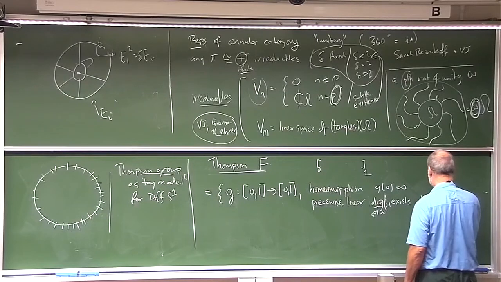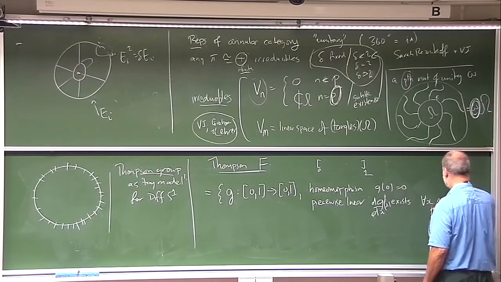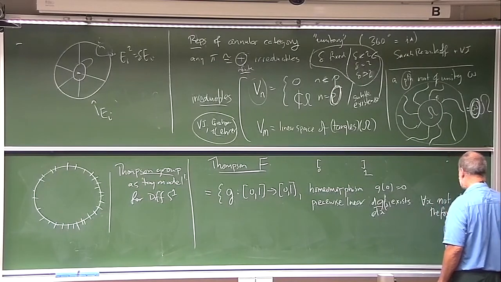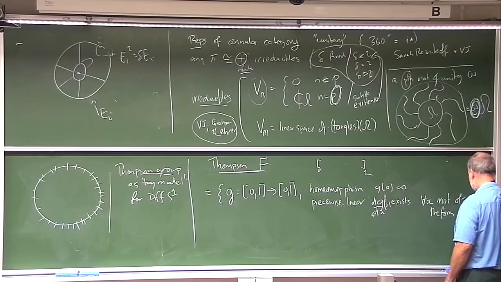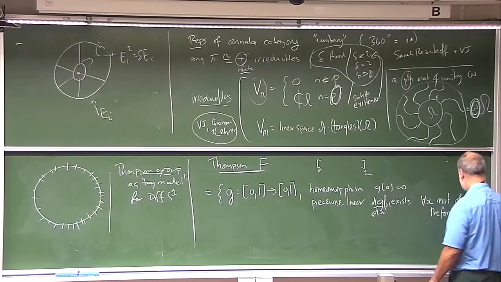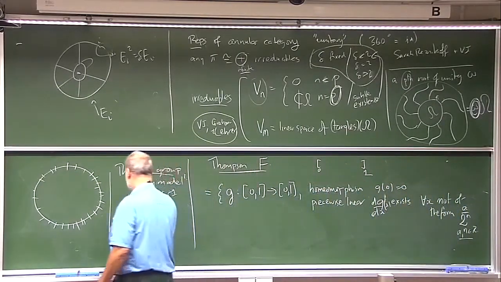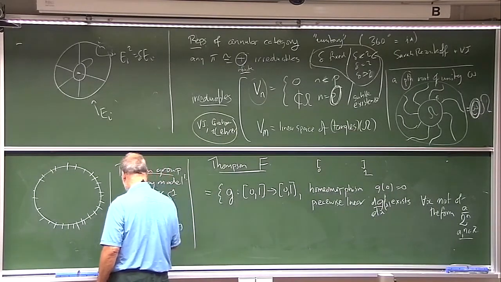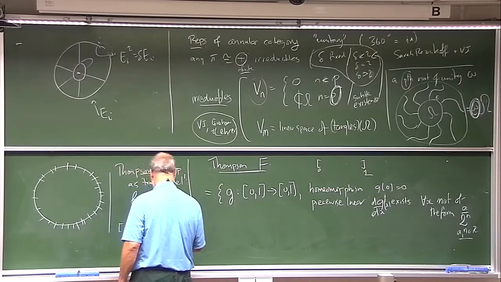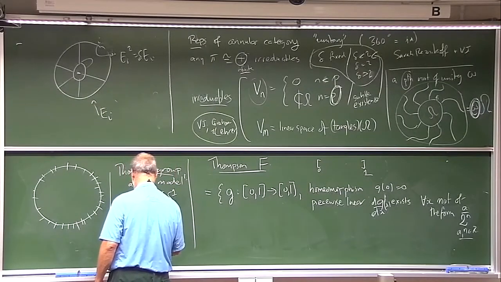It exists for all x not of the form a over 2^n. These are called the dyadic rationals. Here they are, there's a half, and there's a quarter, 3/4, 1/8, 3/8.